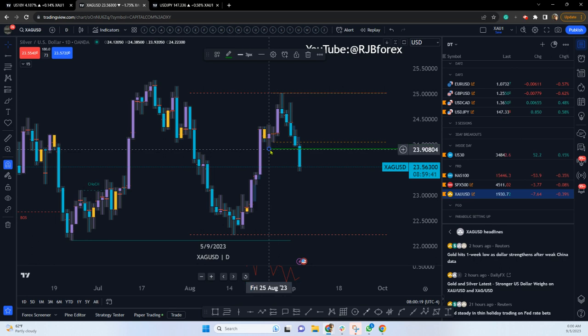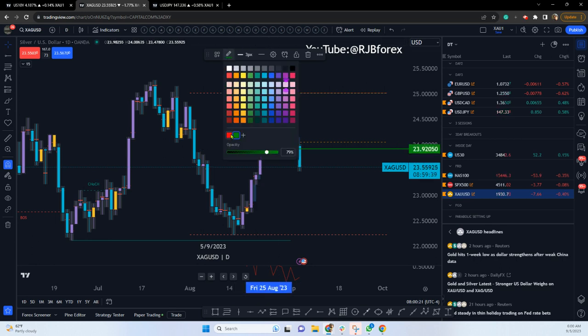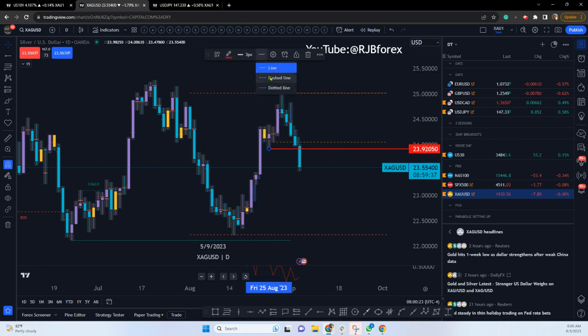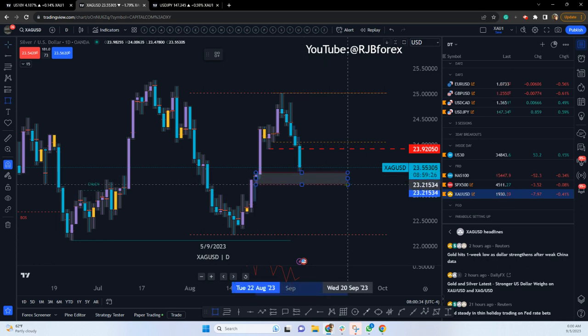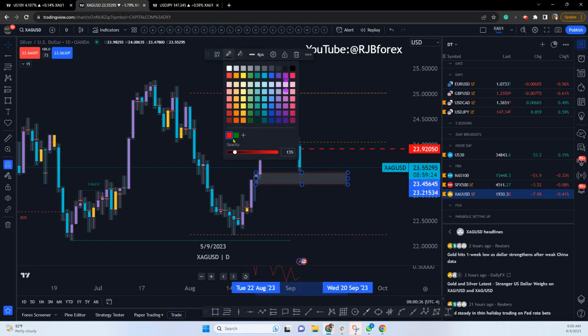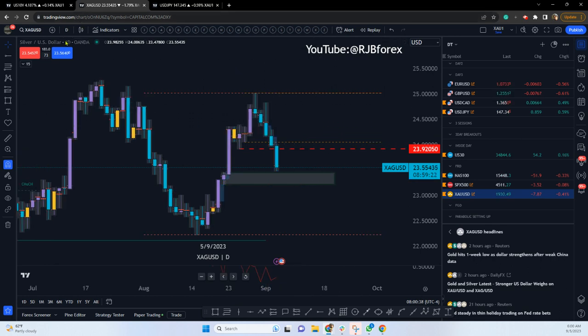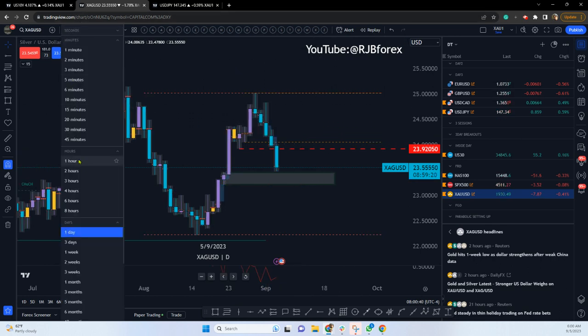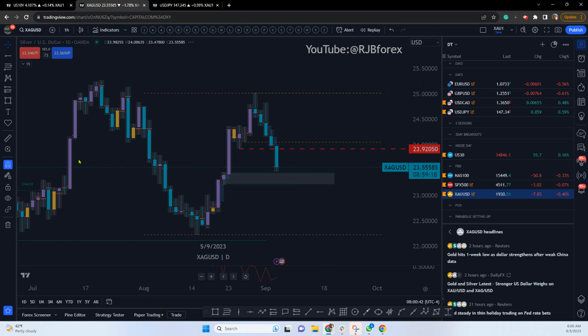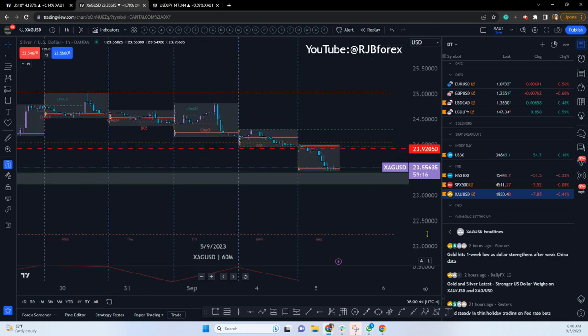So we broke structure here, leaving the bias to the downside longer term, but I mean in anticipation of a correction. We've got this candle in here as potential support. One, two, three, 5 days of shorts in the market there.